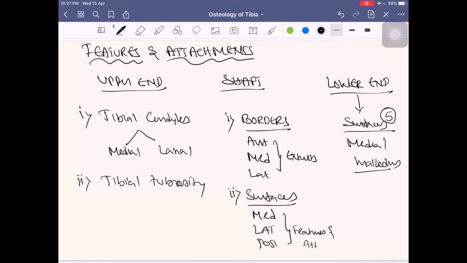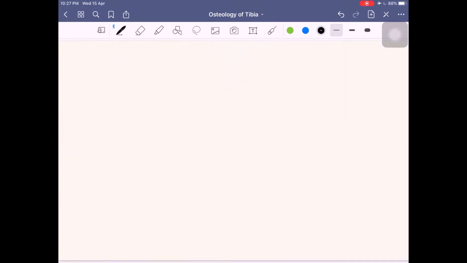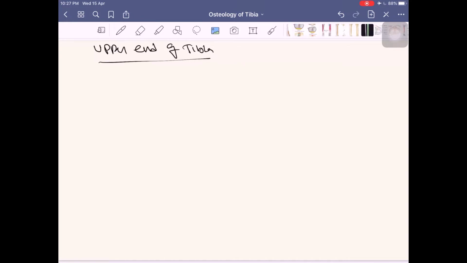So this will be the plan of the osteology of the tibia. Let us start with the upper end. The upper end is very important, and this can be asked even in the exam, and understanding the upper end will help you to understand the knee joint question also. So pay attention.